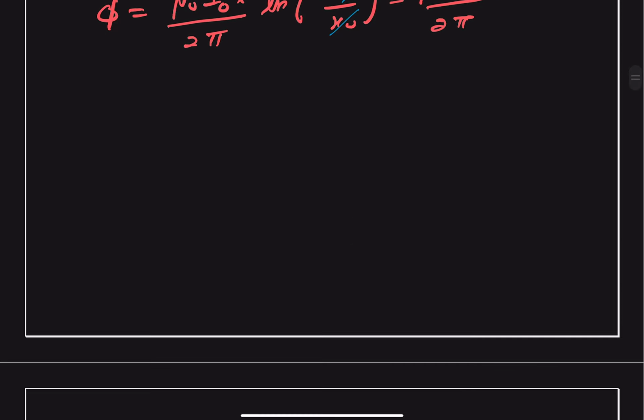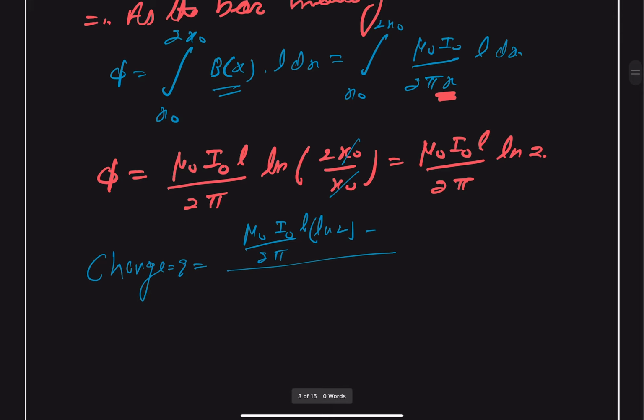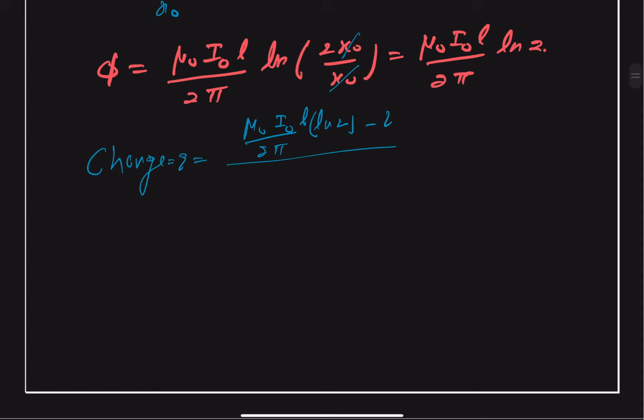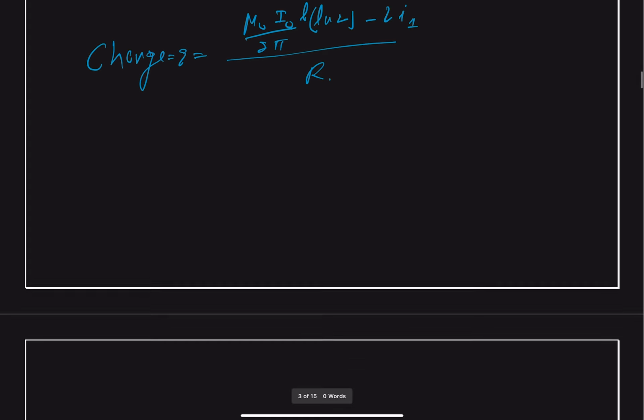So we can write that our charge Q is equal to mu naught I naught L divided by 2 pi natural log of 2, minus, and this was our L I1, and divided by R. And if you require, we can just further solve it.